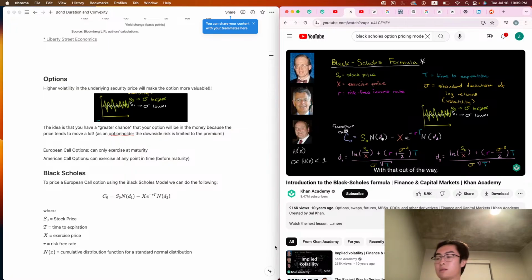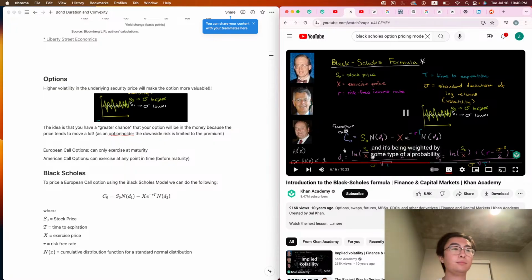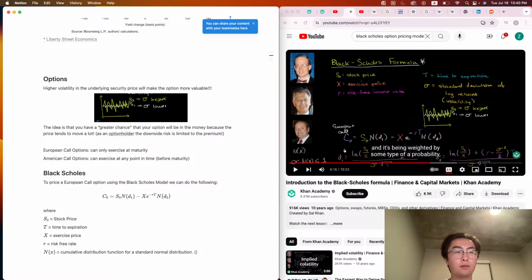So with that out of the way, let's think about what these pieces are telling us. This right over here is the current stock price, and it's being weighted by some type of probability. Remember, this is a probability between 0 and 1.